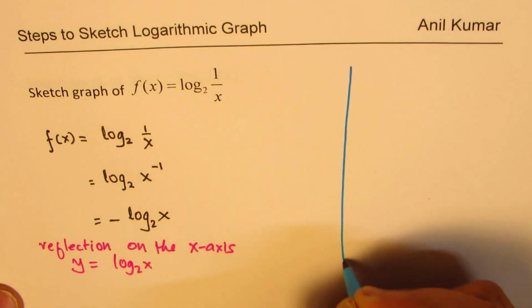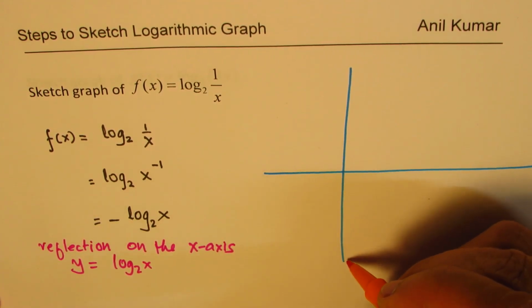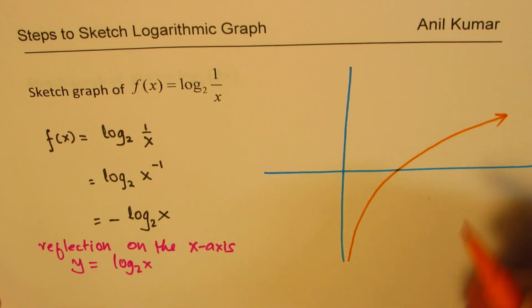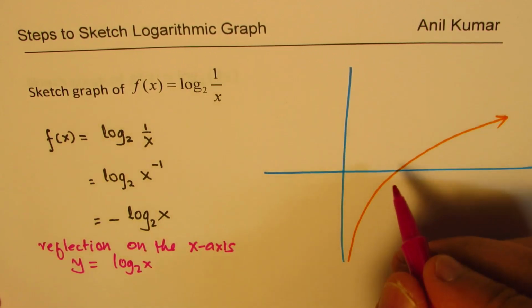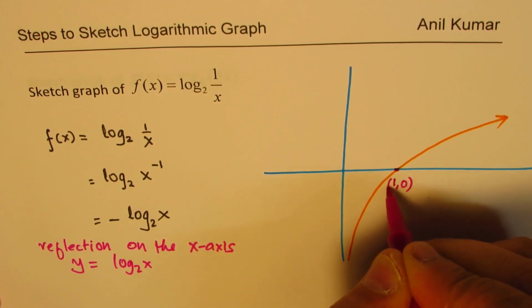Now let's sketch this function. So here is a quick sketch for the same thing. We had the graph which was kind of like this. Vertical asymptote going up to infinity, right? 3 critical points. This one is (1, 0).